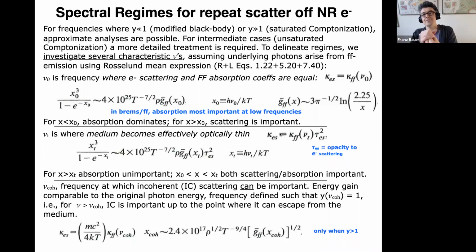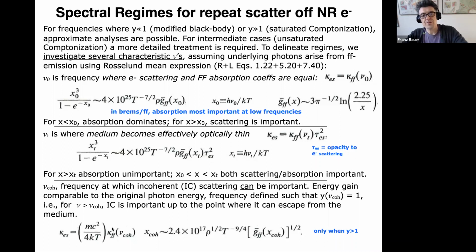And that scatter can impart an additional energy to it, but it isn't going to impart much. And then above the coherent frequency, you start to get amplification. And so this is just a simple scatter, which depends on tau. And so you end up just increasing the energy a little bit.